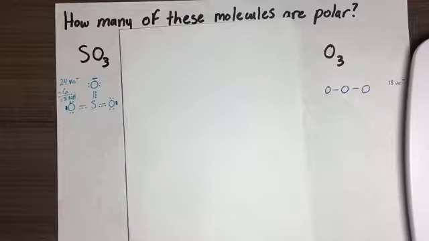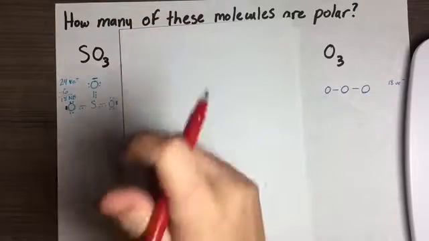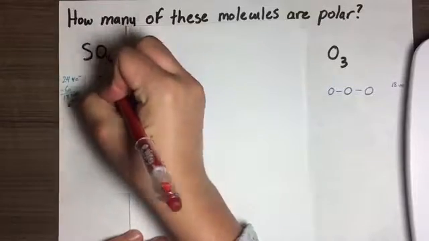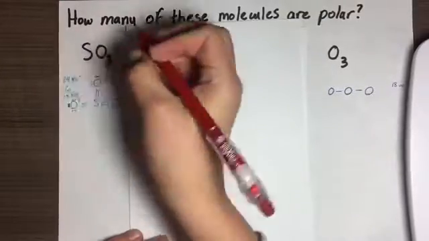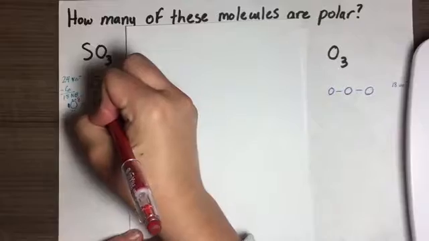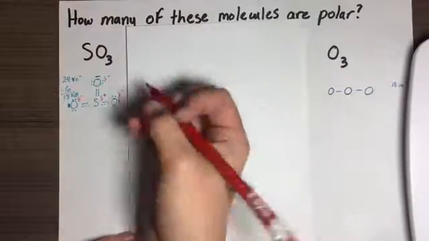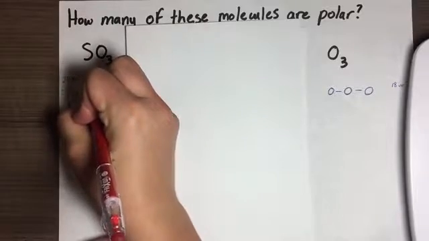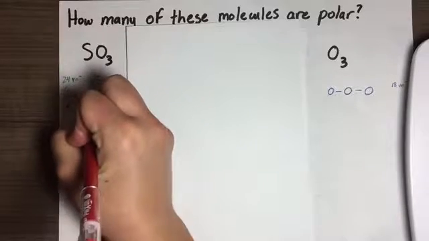Next, we're going to determine the electronegativity of each atom. So oxygen has more electronegativity than sulfur, so it's going to have a partial negative charge, and our middle sulfur will have a partial positive charge. So that means our dipoles are going to go towards the outside oxygen atoms.